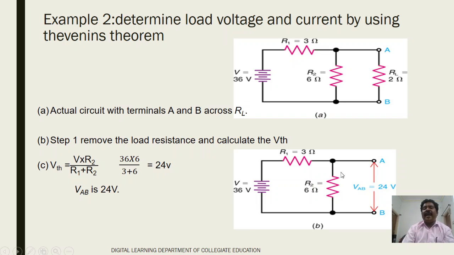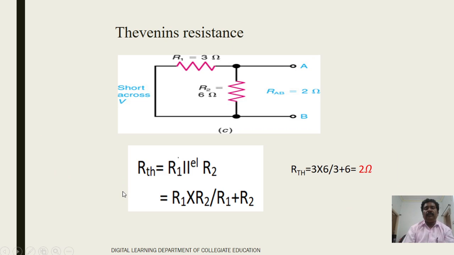Since I want the voltage across AB, VTH is equal to V times R2 divided by R1 plus R2. Substituting, 36 times 6 divided by 3 plus 6 is equal to 24 volts. Therefore VAB, that is VTH, is 24 volts.